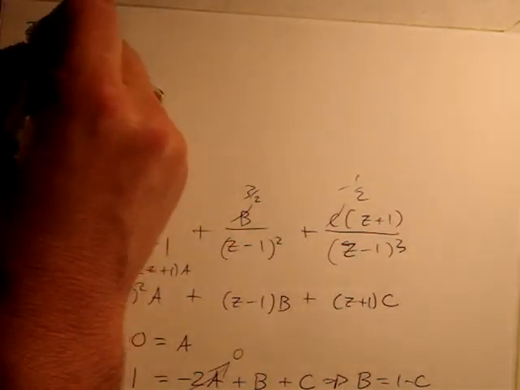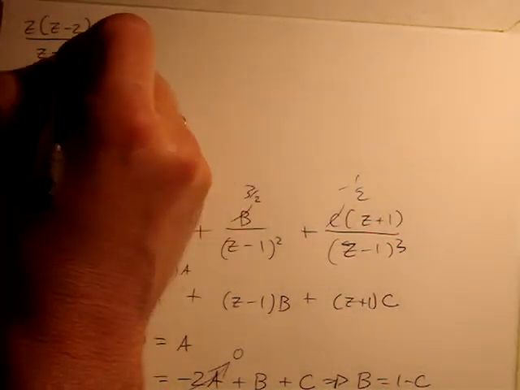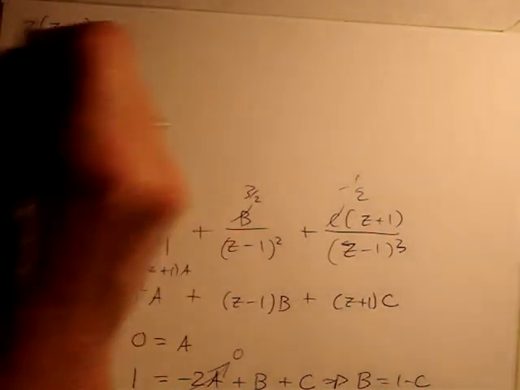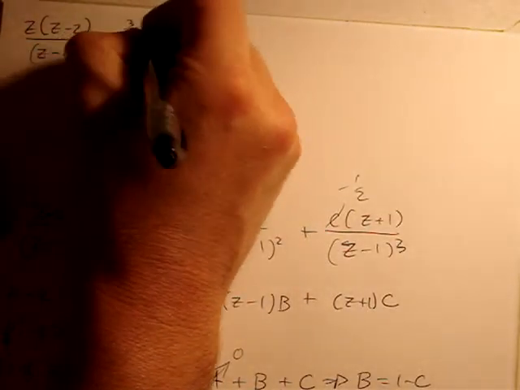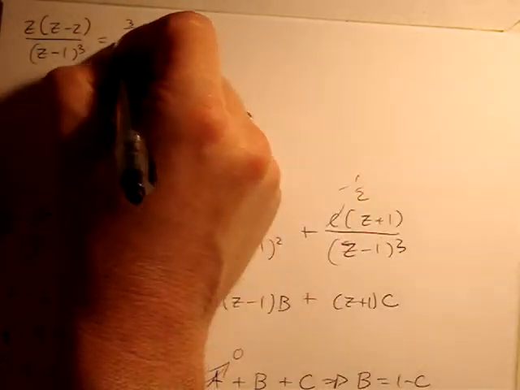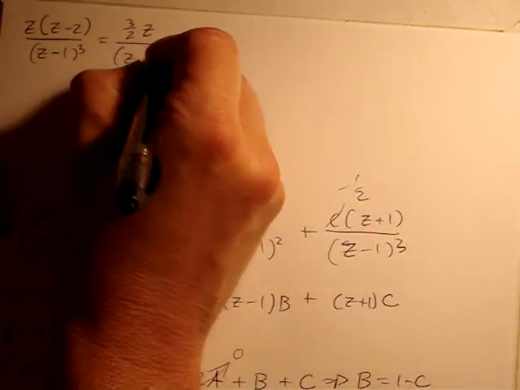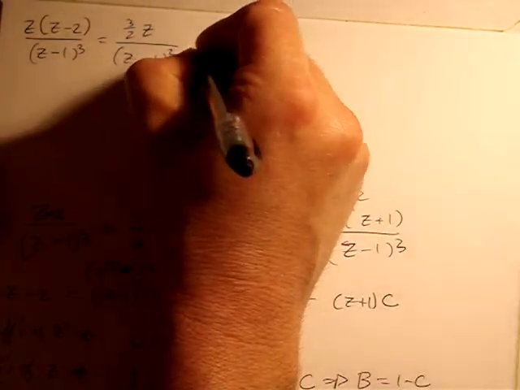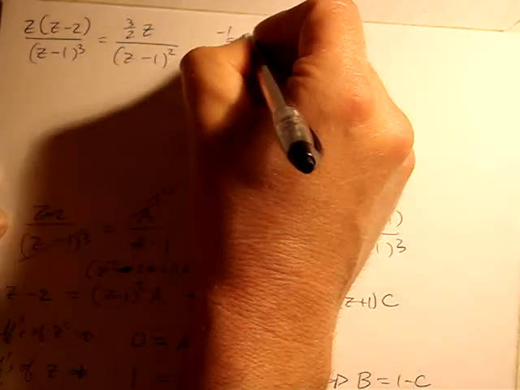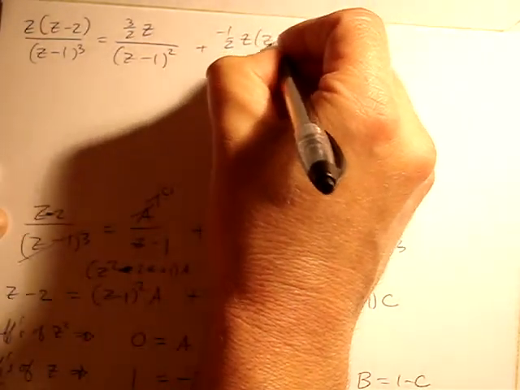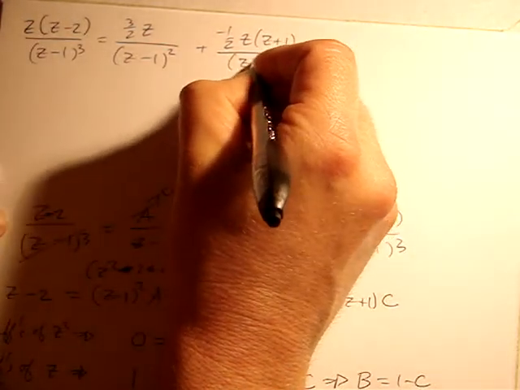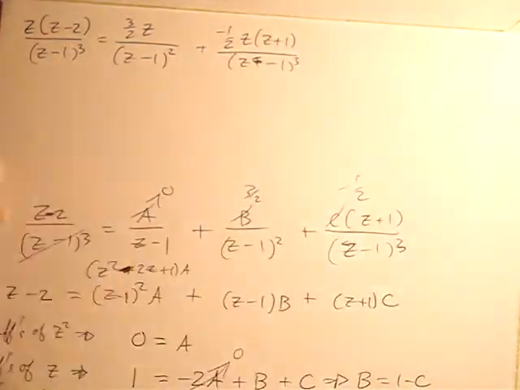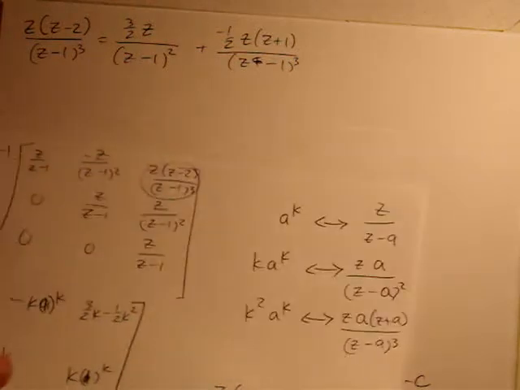So we really had Z times Z minus 2 over Z minus 1 cubed. And that's going to be 3/2 Z over Z minus 1 squared plus negative 1/2 Z times Z plus 1 over Z minus 1 cubed.